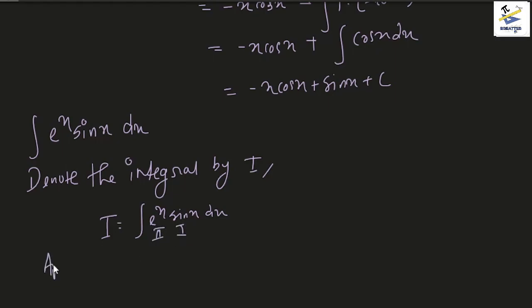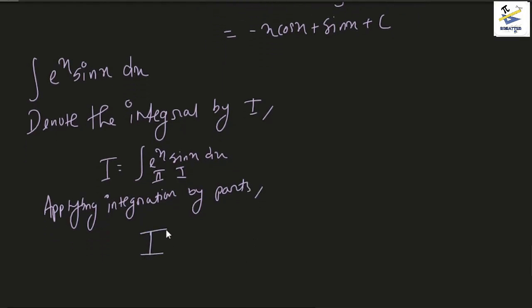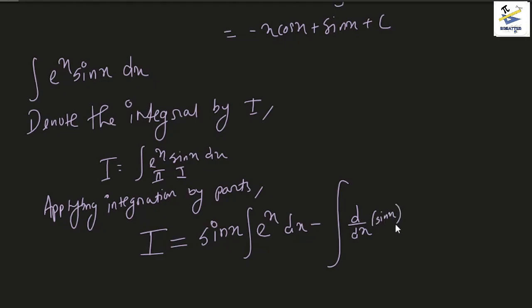So applying IBP, or applying integration by parts, what we have is this: I is equal to sin x into integral of e to the power x dx minus d dx of sin x into integral of e to the power x dx, dx, right?